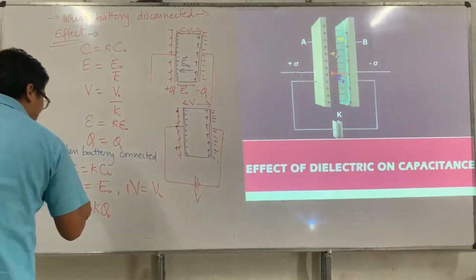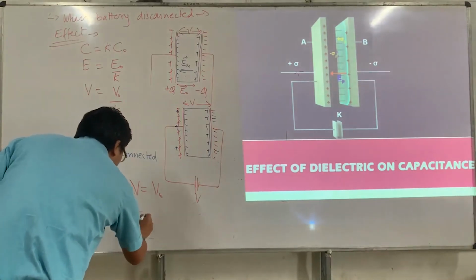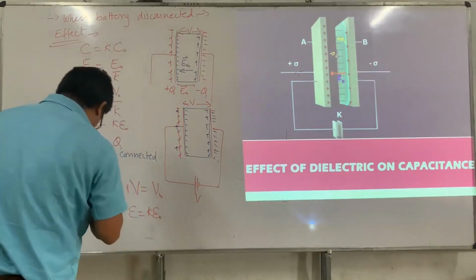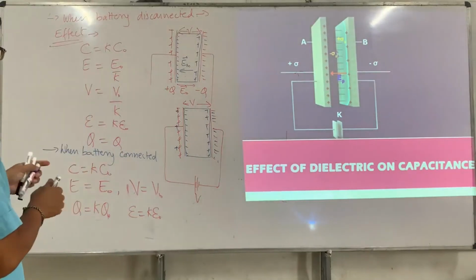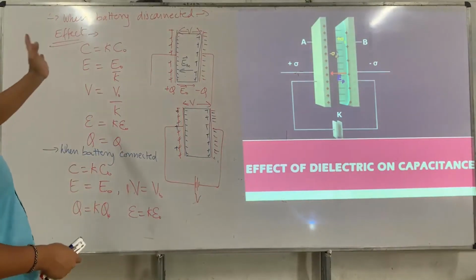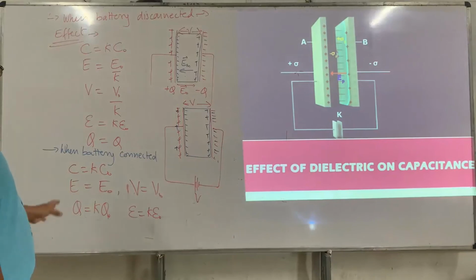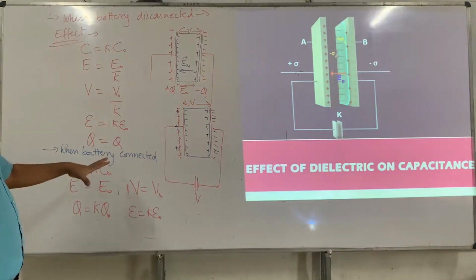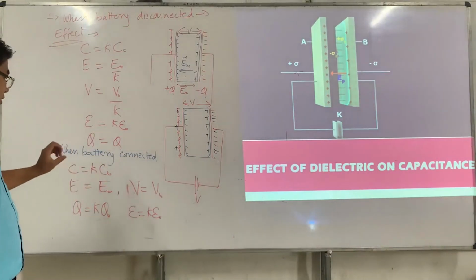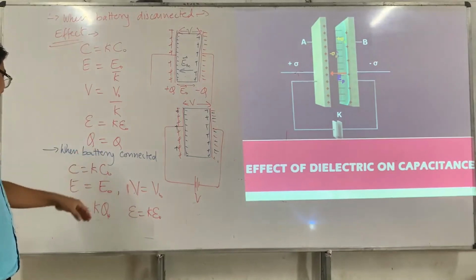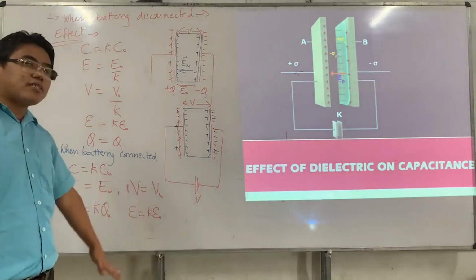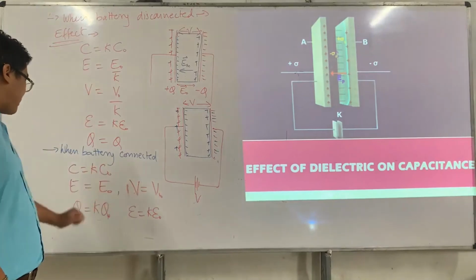This is very, very important, right? Then the permittivity again remains the same. This is the difference between when the battery is disconnected and when the battery is connected. When the battery is connected, there is no change in the potential difference and electric field.